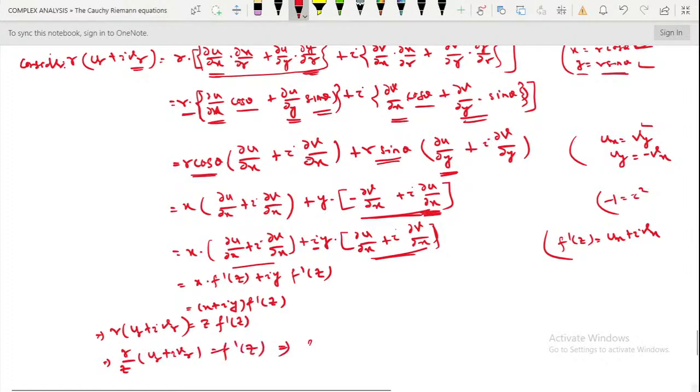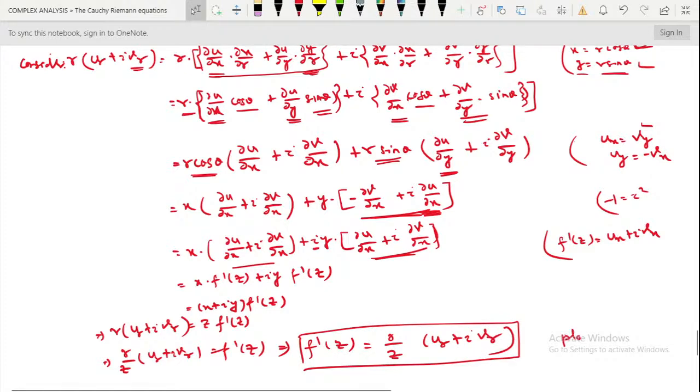So this implies we got r by z whole into ur. So if your f of z is given in polar form, this is the formula for how to find its derivative. Okay, now this thing is proved. The above theorem is proved.